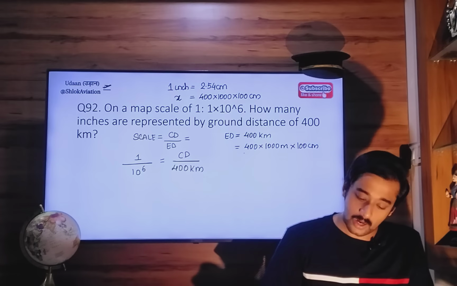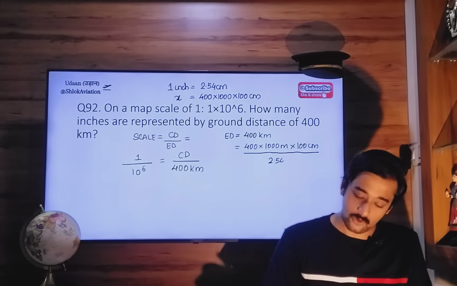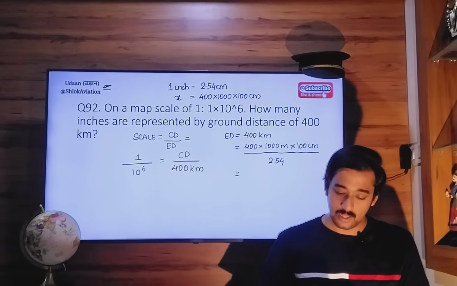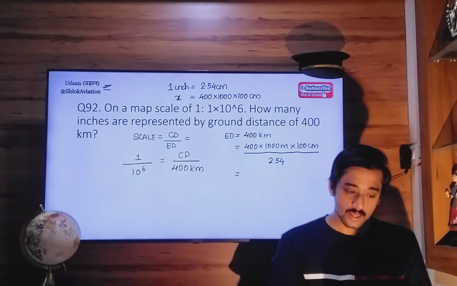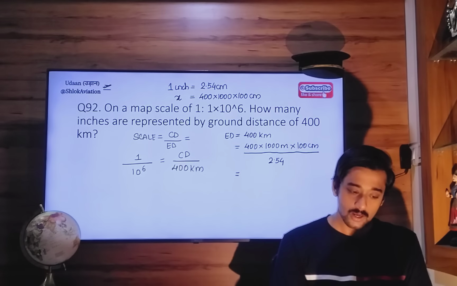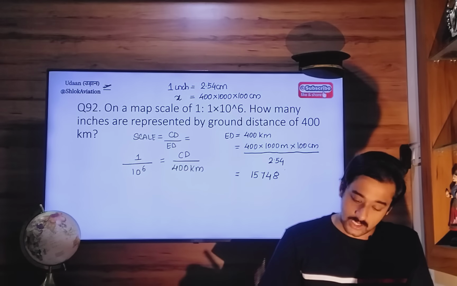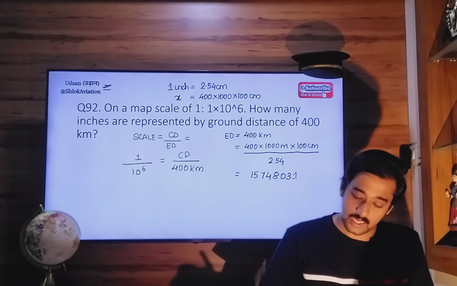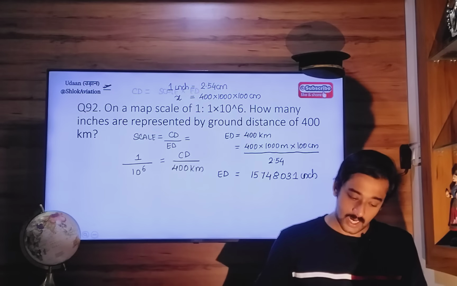So that will be 400 into 1000 into 100 divided by 2.54. So that gives you earth distance equal to 15,748,031 inch.